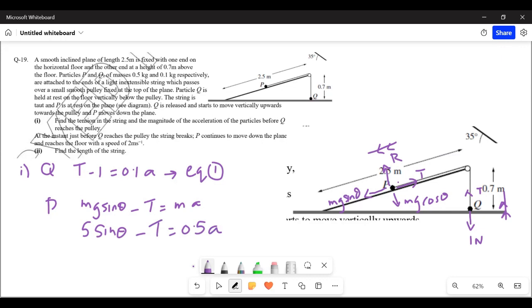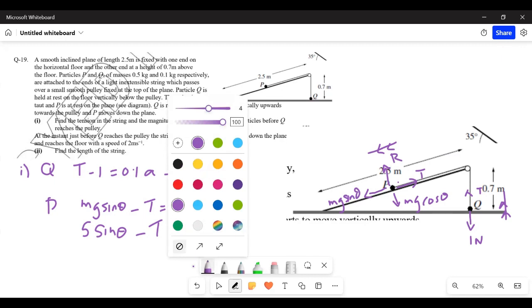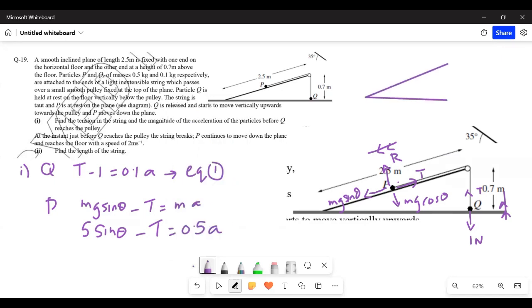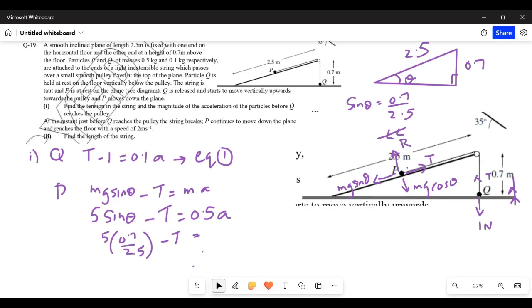Now I need sine theta. So I will use the triangle given. There's a right angle given. This is the theta. We need hypotenuse is 2.5, opposite is 0.7. So sine theta is going to be opposite over hypotenuse. So then this would be 5 times 0.7 over 2.5 minus T equals 0.5a.